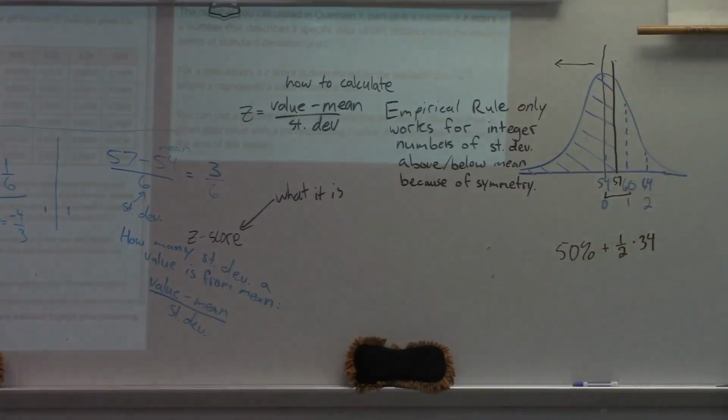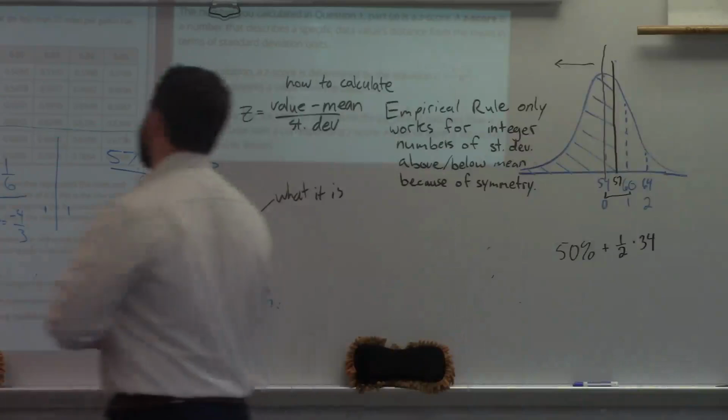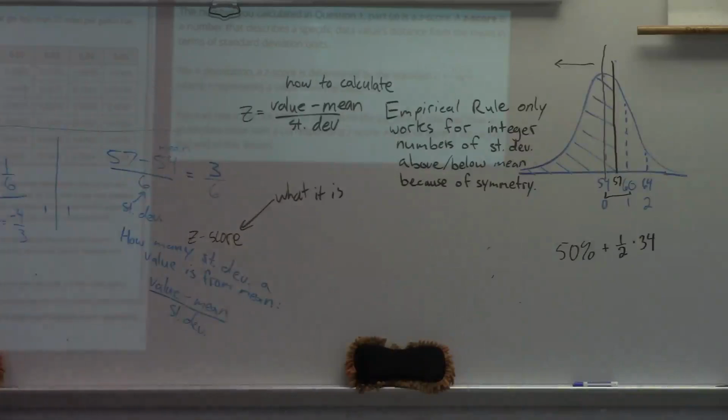So, you'll notice also right here, there's a table. This table allows us to take a z-score and find the area under the standard normal curve. The z-score, by the way, perfectly lines up with the standard normal curve, right? Mean of 0 in the middle, 1, 2, 3 above, 1, 2, 3 below.